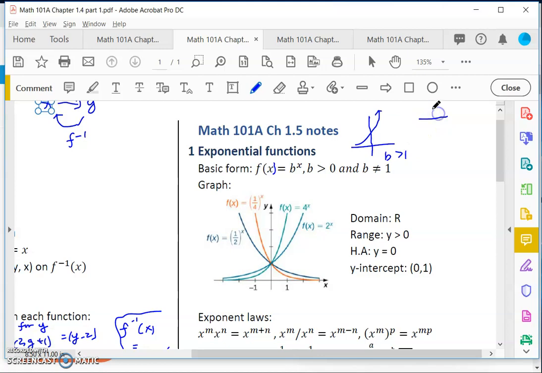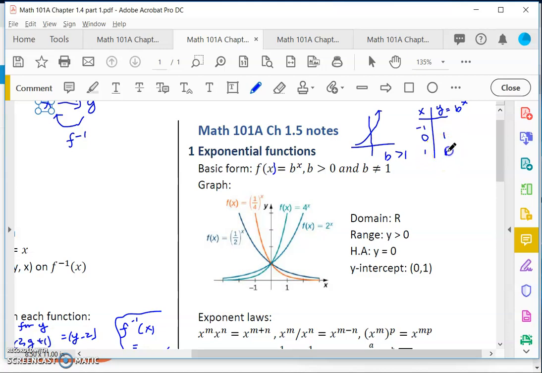If I have x and y to graph it, you make a table of 0, negative 1, 1, that should be sufficient. And then b to the x. Anything to the 0 is 1, right?